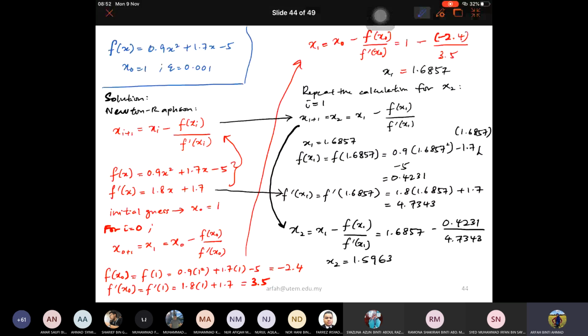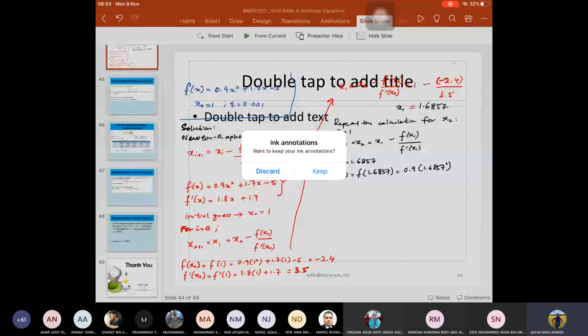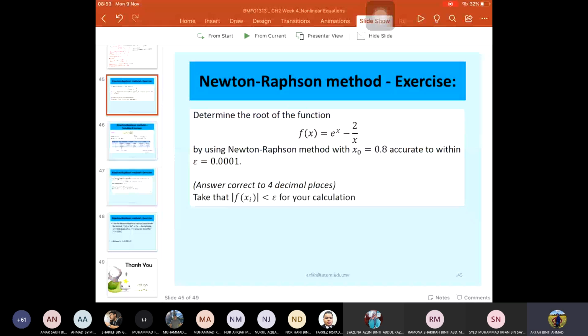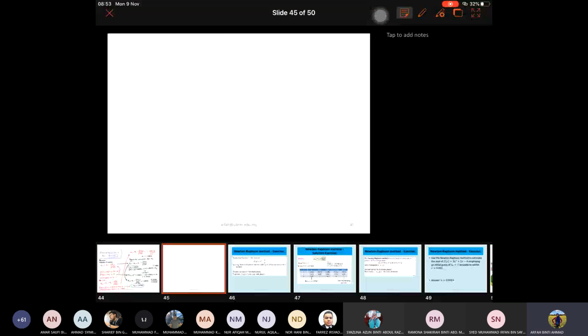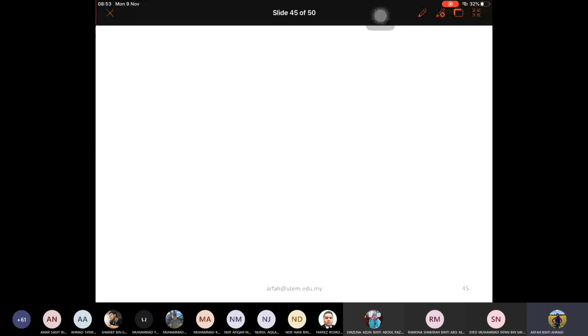You want to see error up until 0.001. So nak senang kita letak everything dekat dalam table.